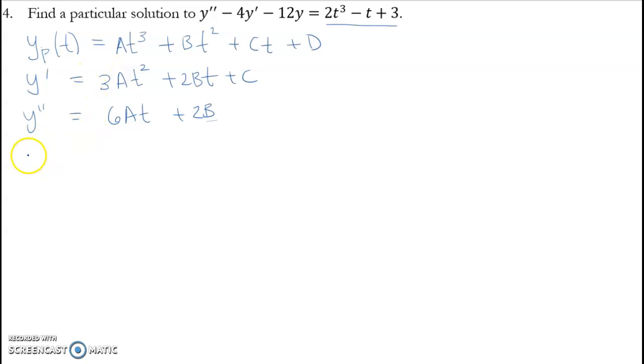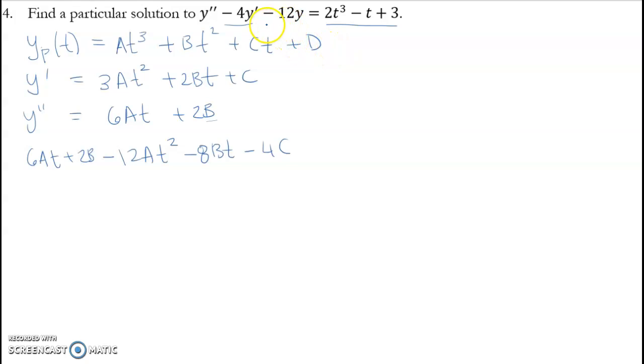So we have 6at plus 2b minus, we have to multiply 4 to all of these. Then it's going to be negative 4 times 3 is 12at squared. Negative 4 times 2 is negative 8bt, negative 4c.